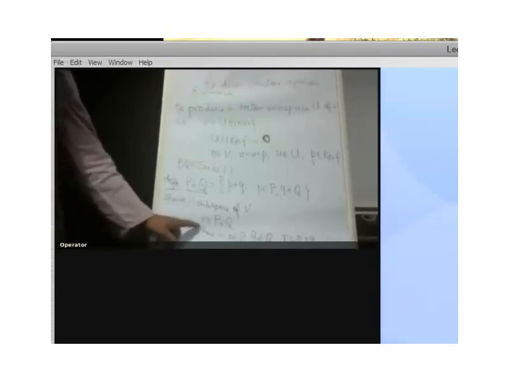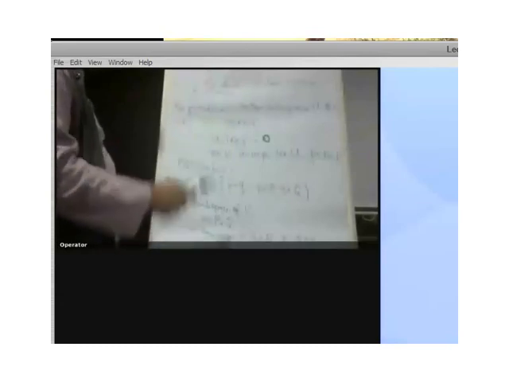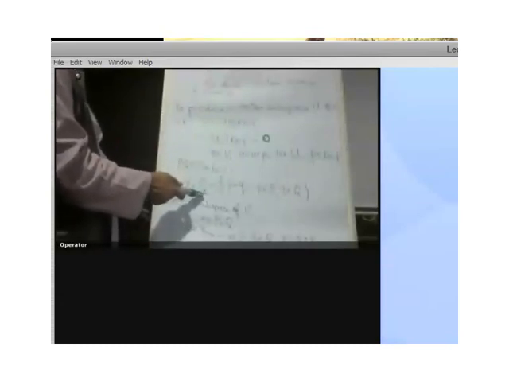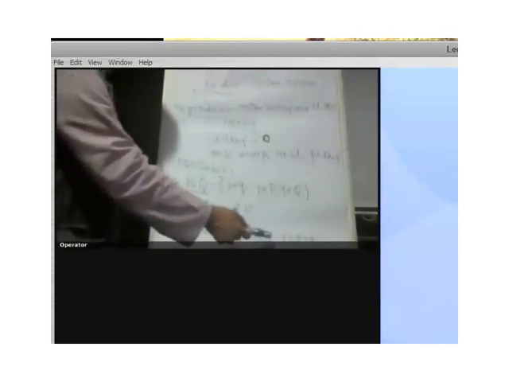So if r is an element of P plus Q, then by definition of P plus Q, there will exist a small p from the vector subspace P and a small q from the vector subspace Q, so that r is equal to p plus q.